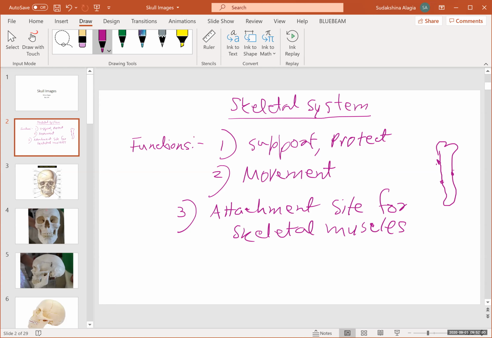When skeletal muscles contract and they're attached through tendon, we kind of went over just this part when we looked at the dense regular connective tissue. The way it works, when the muscle contracts, the muscle pulls on the tendon, pulls on the bone, and then the bone exhibits a movement. So movement is a function of skeletal system.